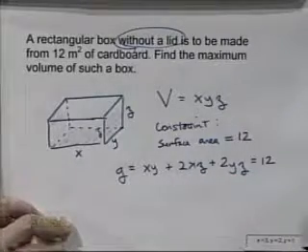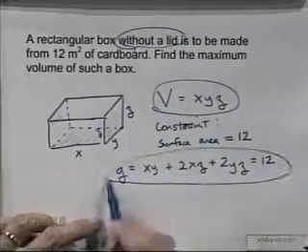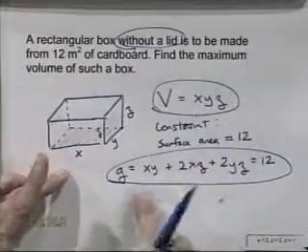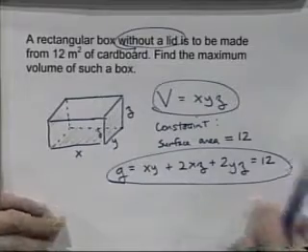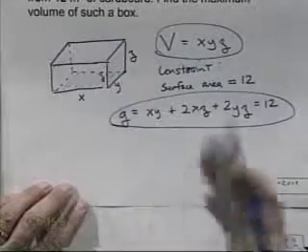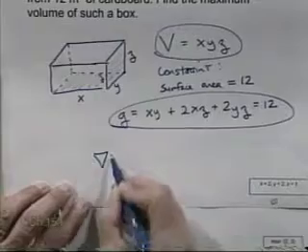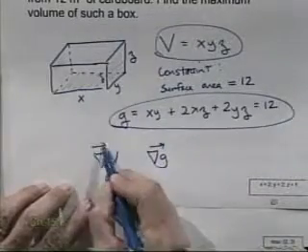All right, now, the function I want to maximize is v, but the point x, y, z that's going to give the max or the min of this must also satisfy this equation here. So we're constrained to a limited domain. What Lagrange's theorem says is that any point x, y, z that's giving me a max or a min for this function must satisfy that the gradient of v is parallel to the gradient of g.